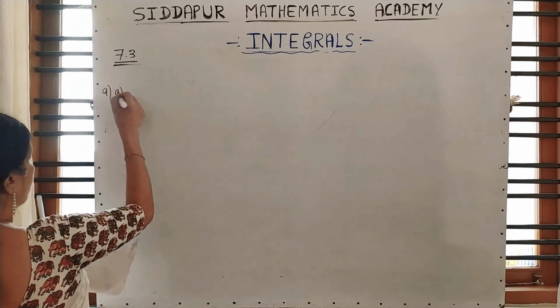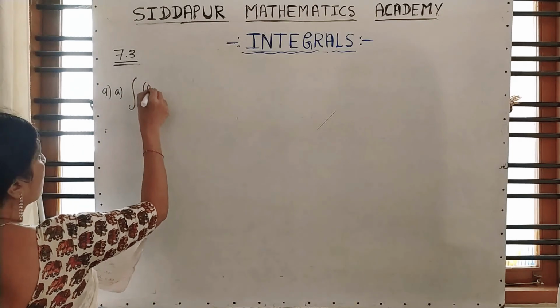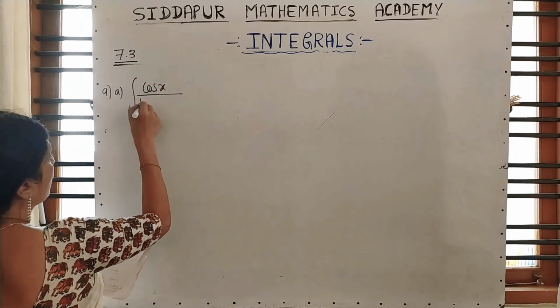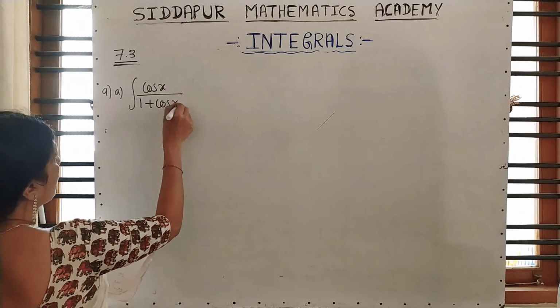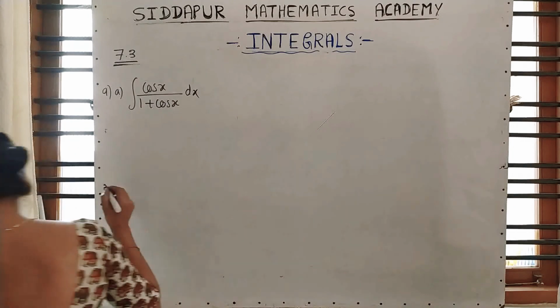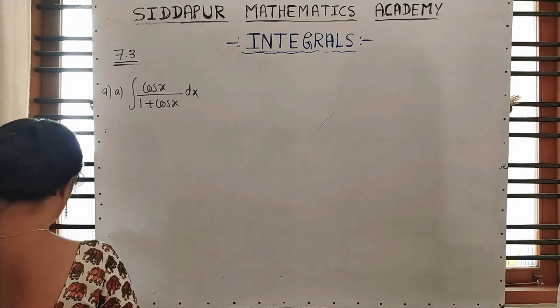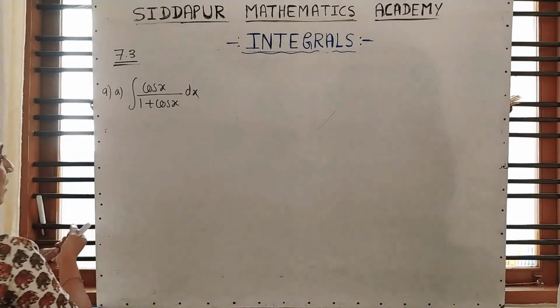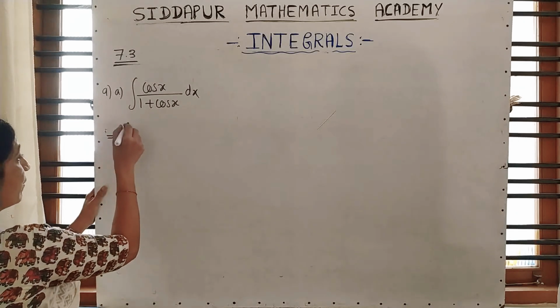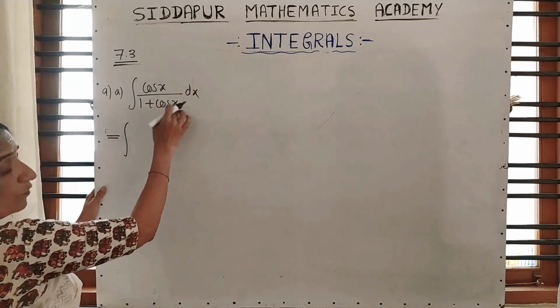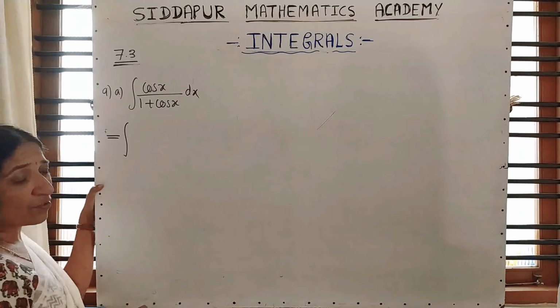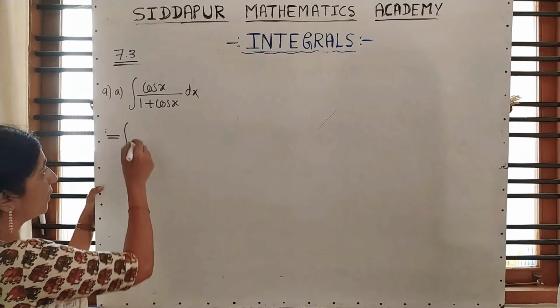Ninth A. Cos x upon 1 plus cos x. Here I am rationalizing the denominator, because we don't know the u by v method, and you know the formula for 1 plus cos x, but again to split 1 cos x it is a little bit difficult.